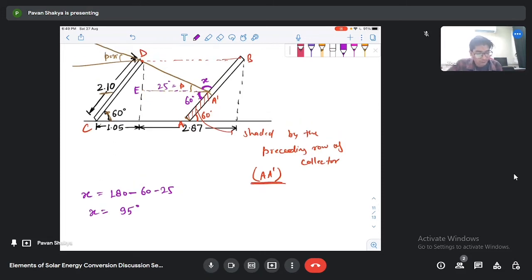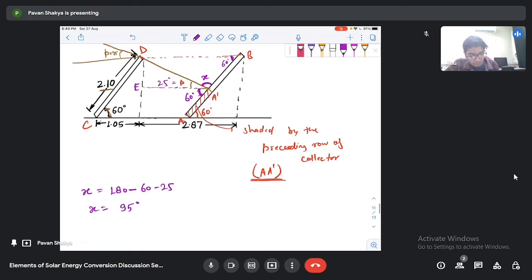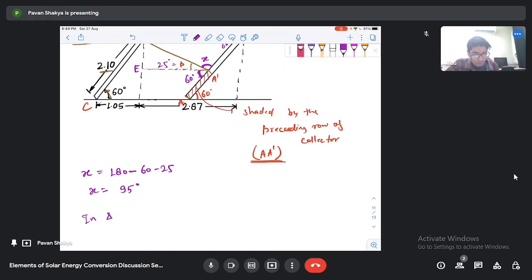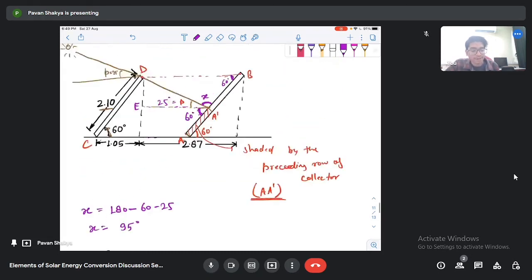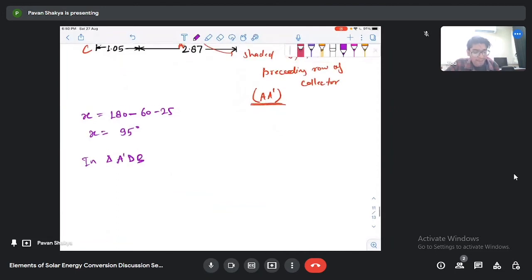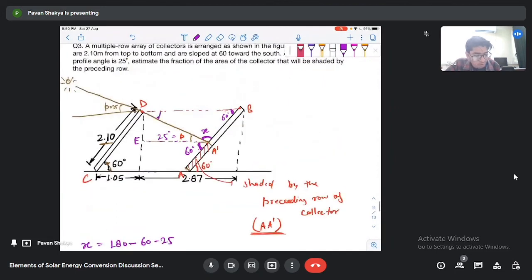Okay, now we have this value X. Also you will see that this DB and this AC line are parallel, so this angle will be equal to 60 degrees. So in triangle A prime DB, we can calculate this angle also.